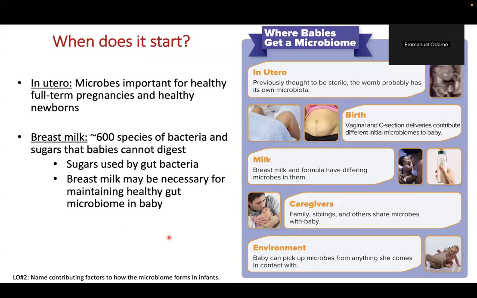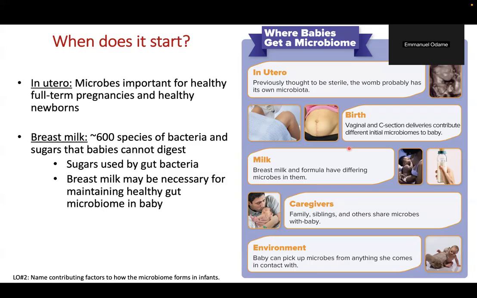So when does the microbiome start to grow? The first one we talk about is in utero, which happens during pregnancy. It's believed that the womb probably has its own microbiota, which is there to strengthen the immune system of the kid and also protect the kid. Then during birth, the vaginal canal and C-section delivery also contribute initial microbiomes to the baby.